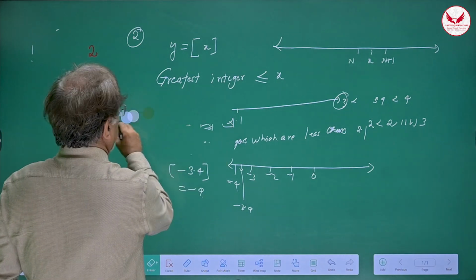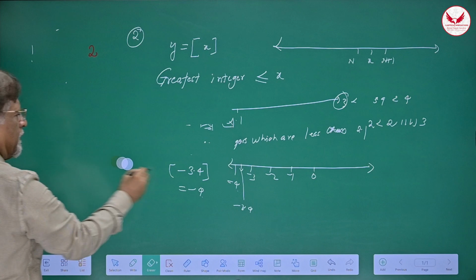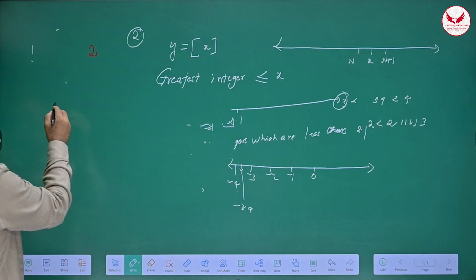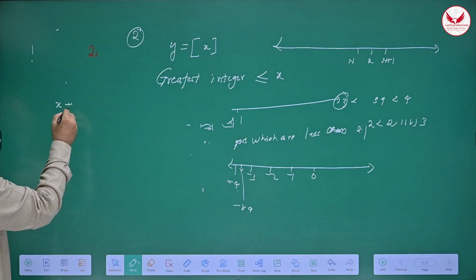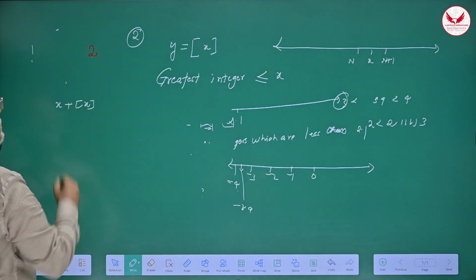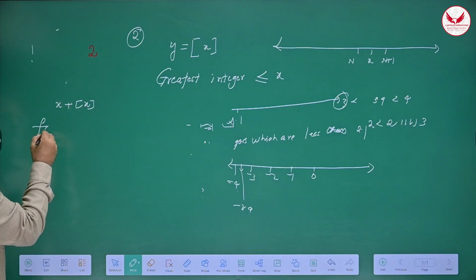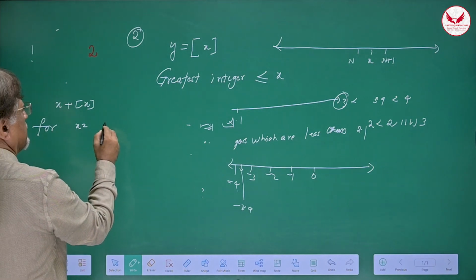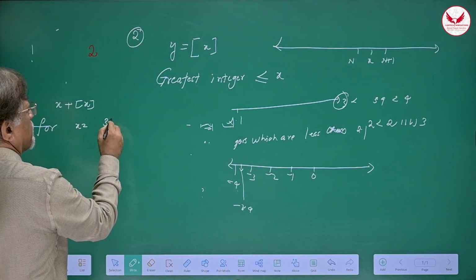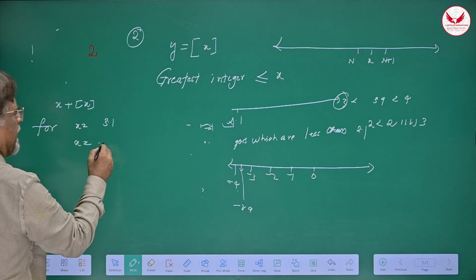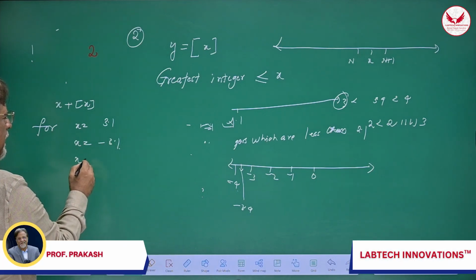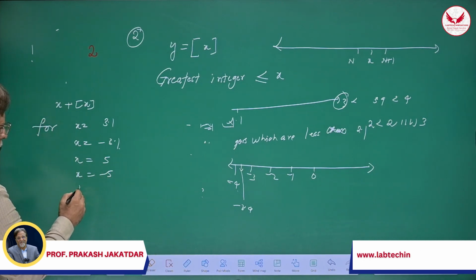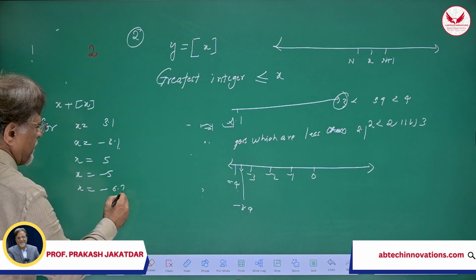So, for example, let us get familiar with this function. Suppose I ask you, what is x plus the integral part of x, for x equal to 3.1, x equal to minus 3.1, x equal to 5, x equal to minus 5, x equal to minus 6.7, correct?